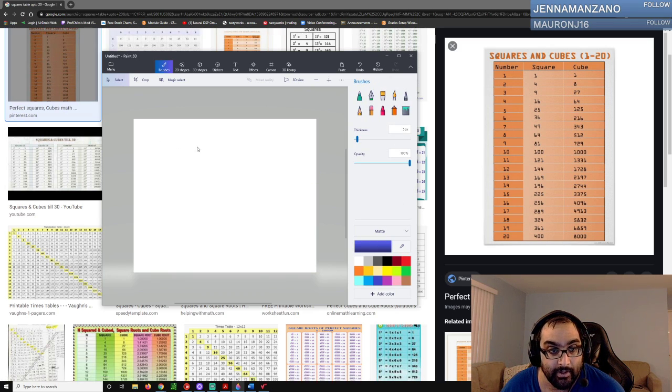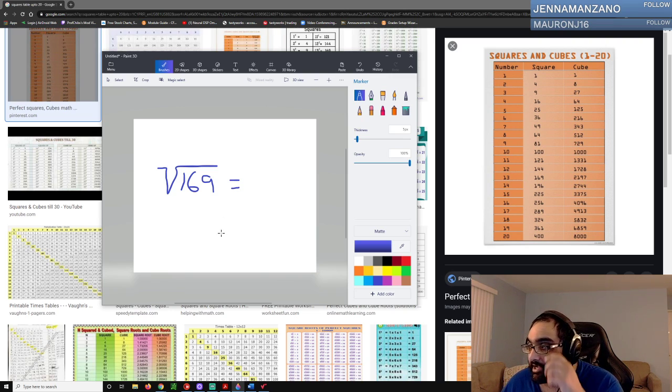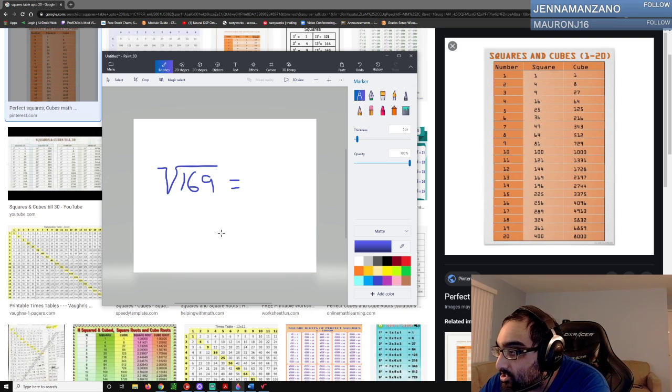So what happens if I have the square root of 169? Take a look at the table there, and can you tell me what the square root of 169 is going to be?